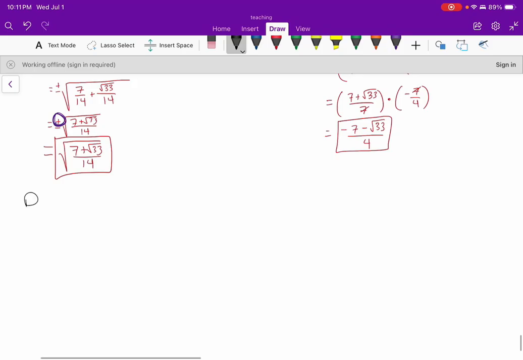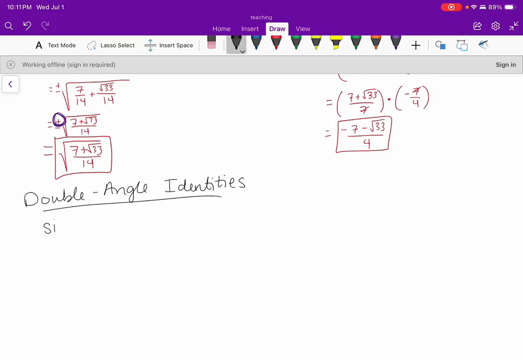Next, we're going to look at our double angle identities. And just a reminder, these are also on your identity sheet, so you do not need to memorize them, but I'm going to give them to you first. Your double angle identities say that sine 2 theta is equal to 2 sine theta cosine theta. Cosine 2 theta actually has a few options.